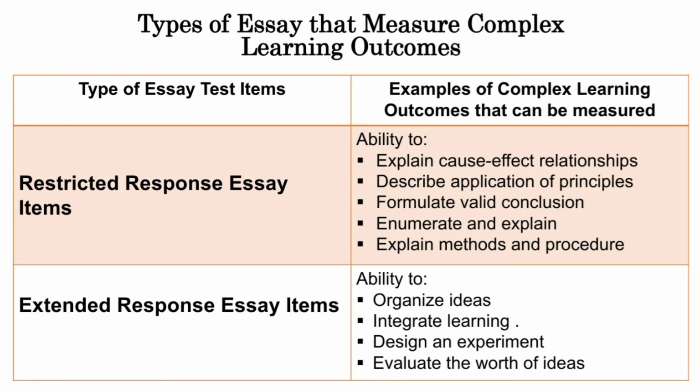And for the extended response essay items, the complex learning outcomes that can be measured are the ability to organize ideas, integrate learning, design an experiment, and evaluate the worth of ideas.